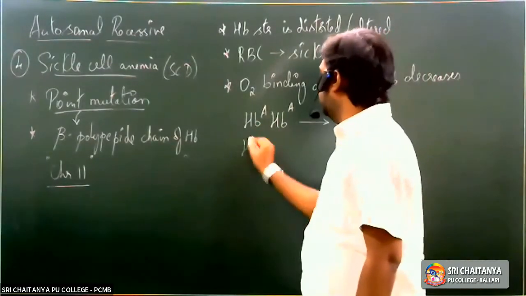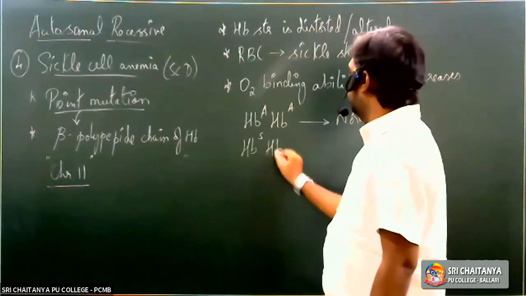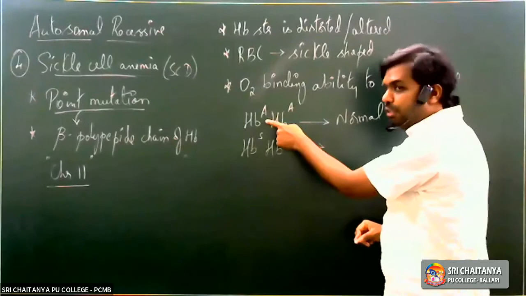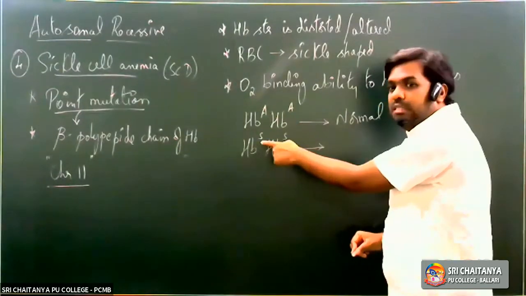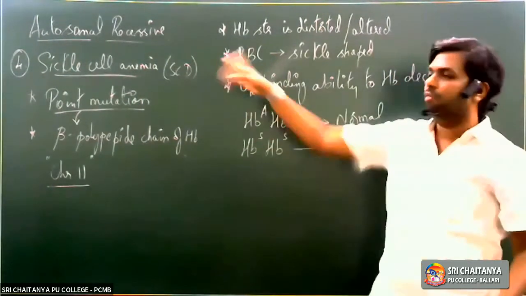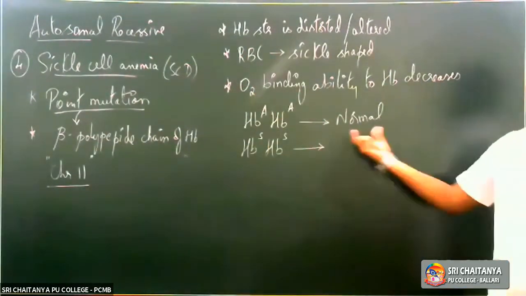The second condition we have, there is a mutation in one allele. So the mutated gene in the allele, we call it as HBS, and this also will be HBS. So if there is HBS, A is a dominant allele, S is a recessive allele. This is how we start denoting dominant and recessive alleles in case of sickle cell anemia. HBA and HBA are said to be normal.